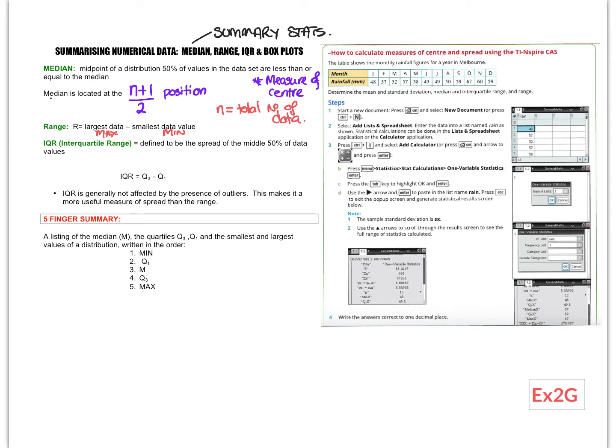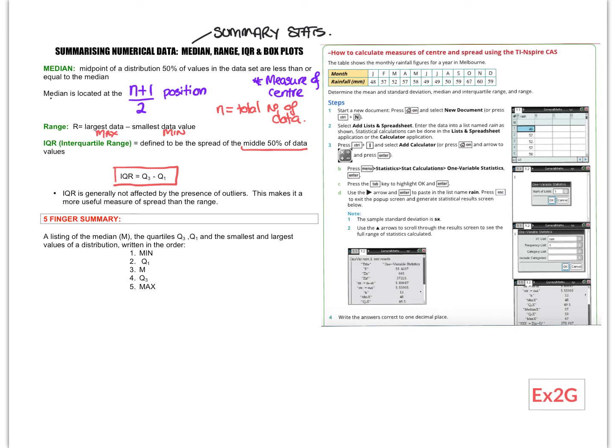And we're also going to look at the interquartile range. So what the interquartile range is: when we find a quartile, it means we're finding the quarter mark. So the interquartile range, you can see here, is Q3 minus Q1. What it actually does is it tells us the middle 50% of the data, because that's where we probably want to know.